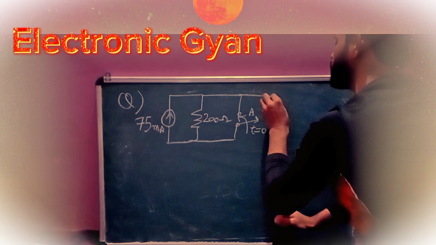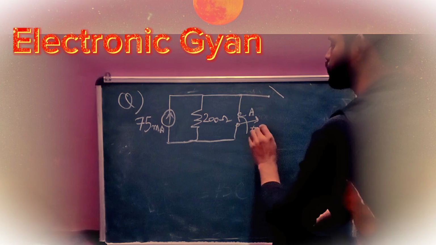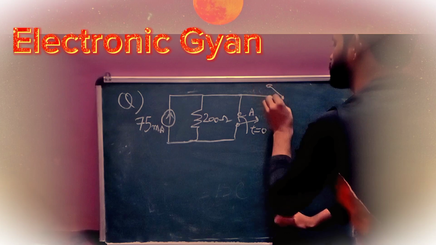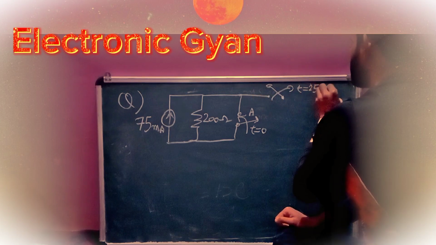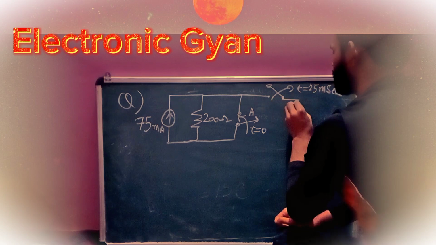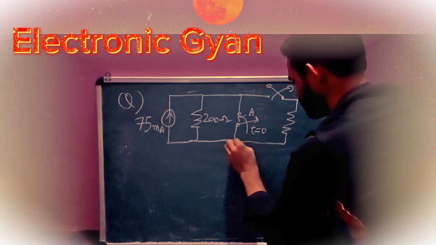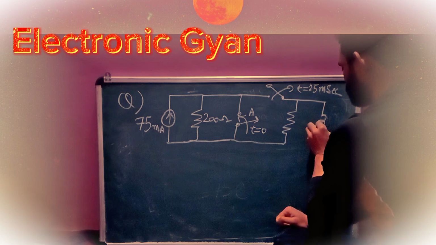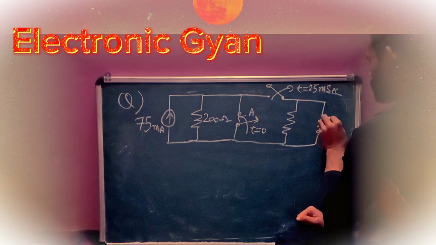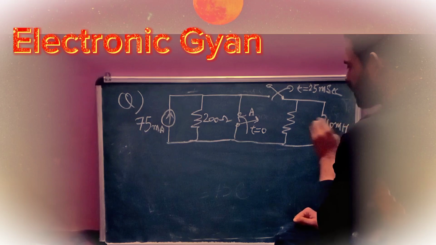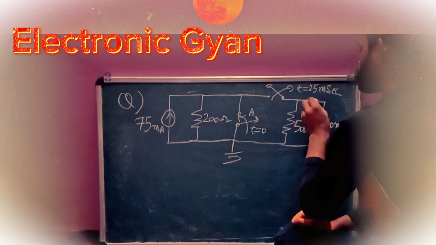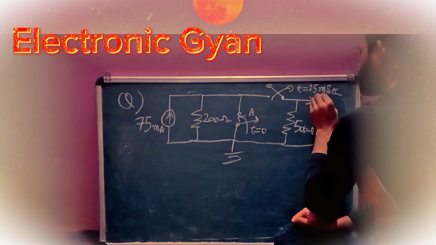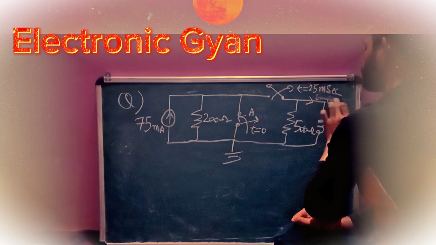This was my switch B, which will open at t equal to 25 millisecond. Here is my resistance and here is my inductance of 10 millihenry, and this is 500 ohm, and this is my ground. And the question was, what is IL of t, what is this IL of t current?